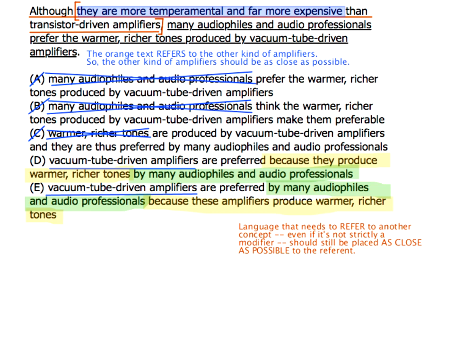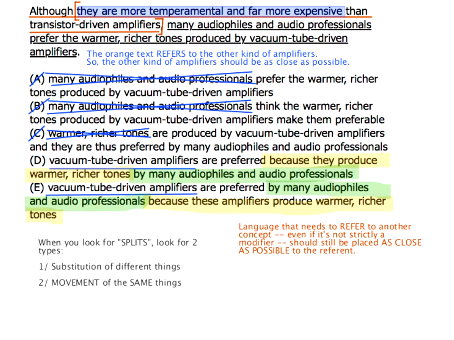When you look for splits, you should look for two types of splits: number one, actual substitution of different things, or number two, movement of the same things. You know, like these yellow things, these green things here.